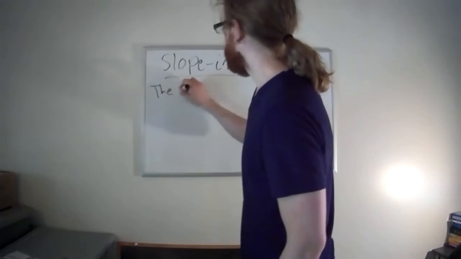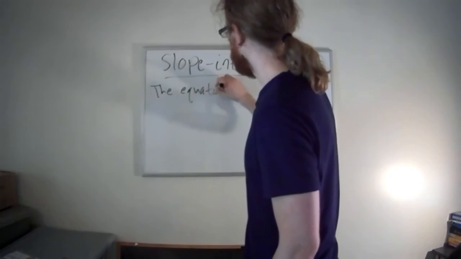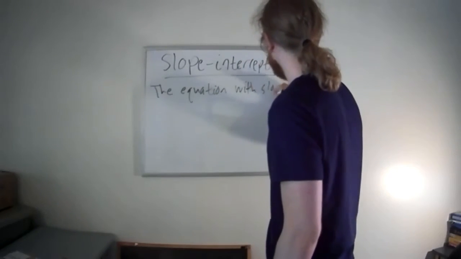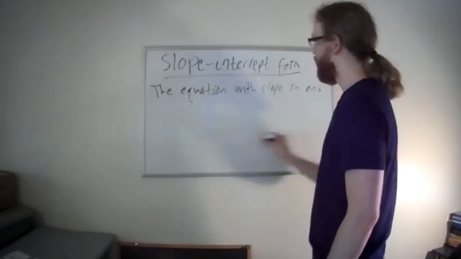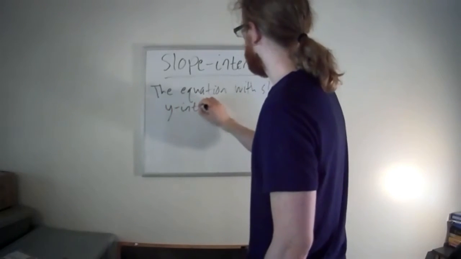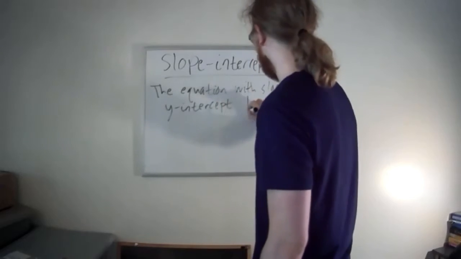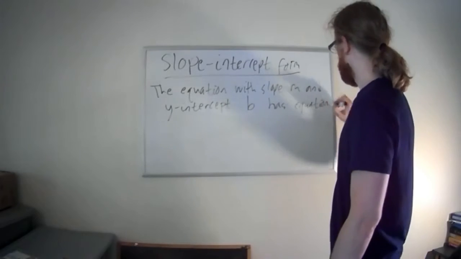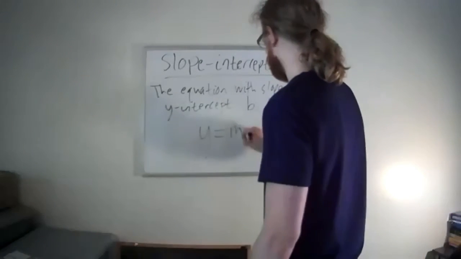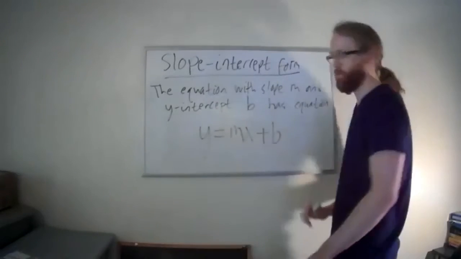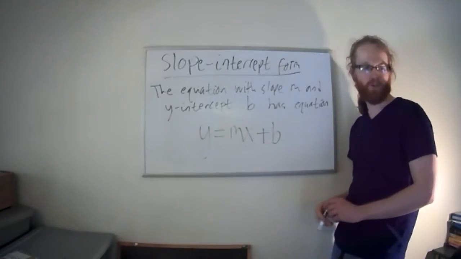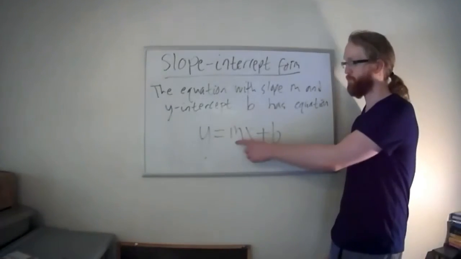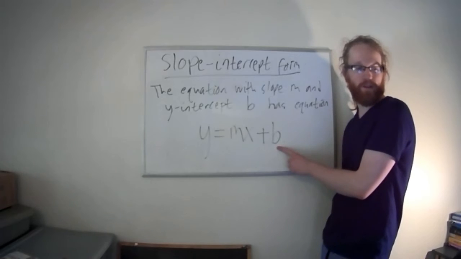This is the equation of the line with slope m and y-intercept b, and it looks like this: y equals mx plus b. So y equals mx plus b is slope-intercept form. Again, the slope is m, and b is the y-intercept.